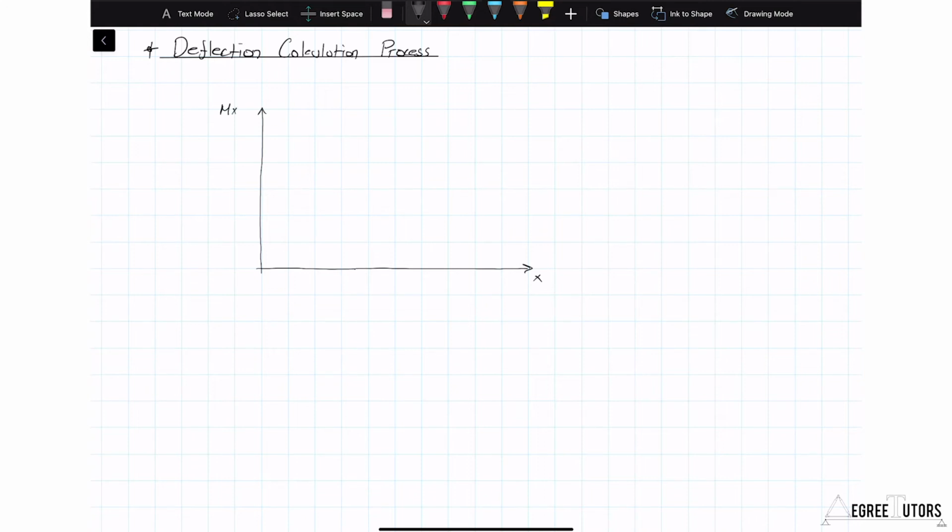So let's call it m of x, and we're just going to divide it by EI. What that allows us to say is that this vertical axis has values of d2v dx2. Remember, we have all of the m values, and we're assuming we know what E and I are. So we have all of the numbers that make up this top graph.